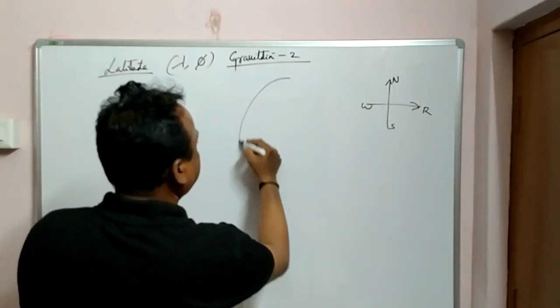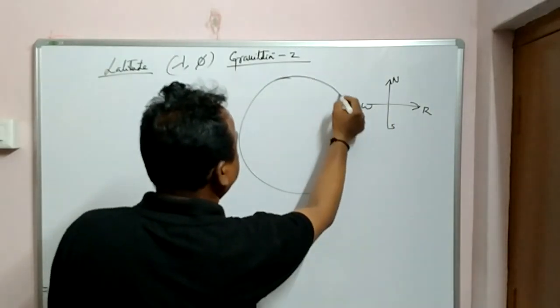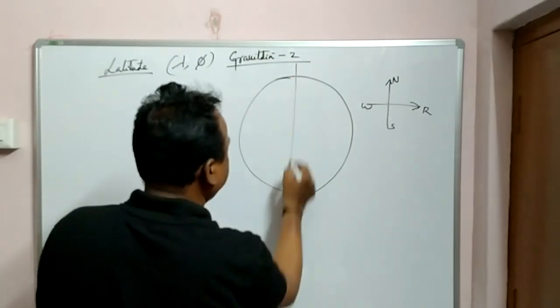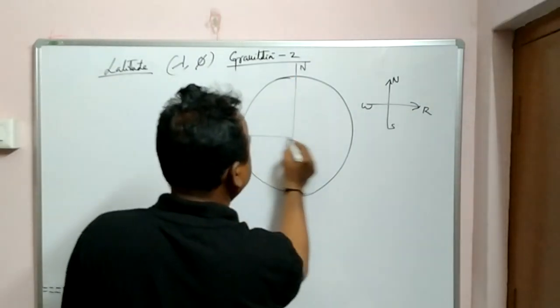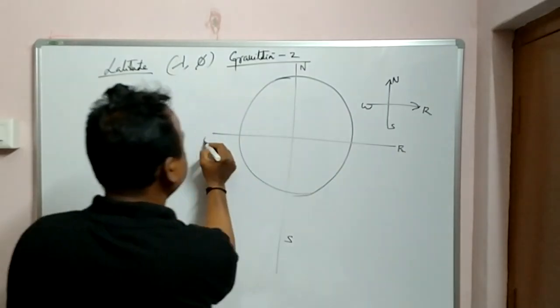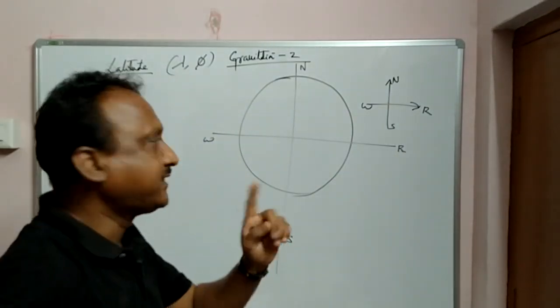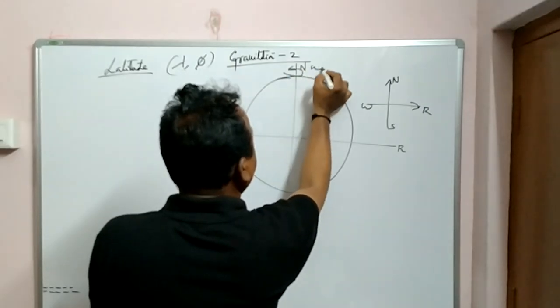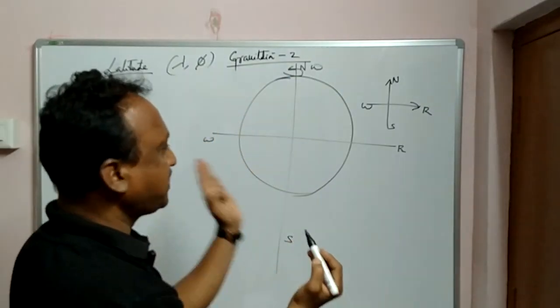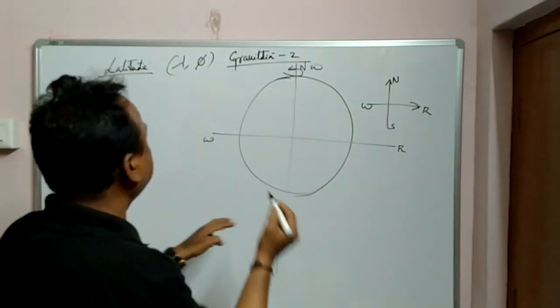If you see the configuration of the earth, this is north, south, east and west. We all know how the earth is rotating. It is rotating in this fashion with an angular velocity omega from west to east, running from north to south.